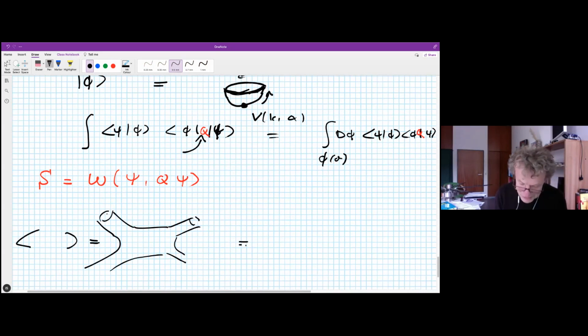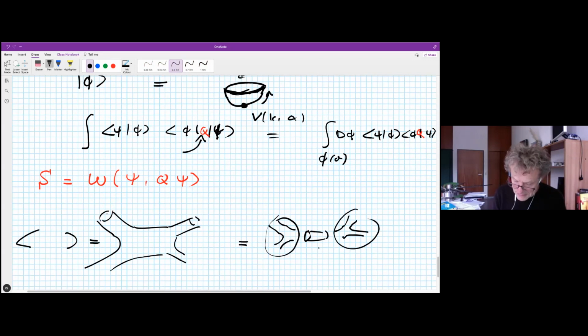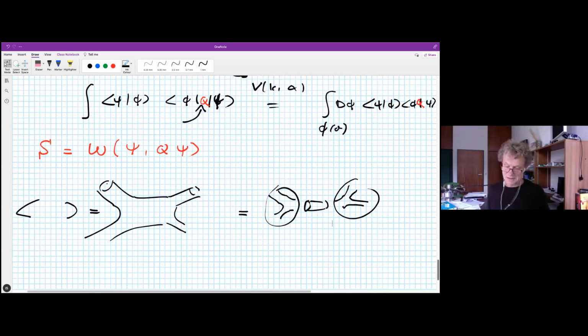Now, what I can do is I can try to decompose this into pants, tubes, and pants. Right, like this. And then I'll say, so this is my vertex. This is my another vertex. This is a propagator. I can decompose every worldsheet with 4 punctures in this way.